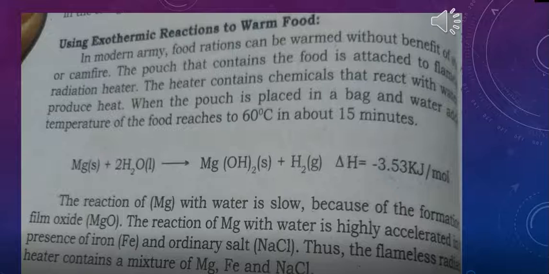It means the chemical present in the radiating heater is a mixture of magnesium along with iron and salt.